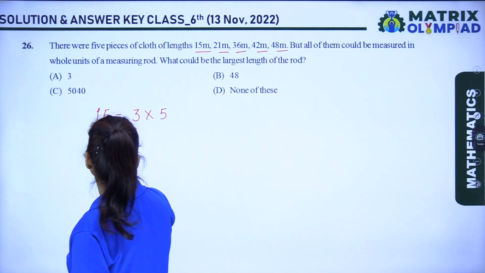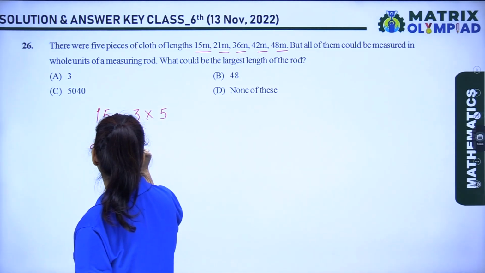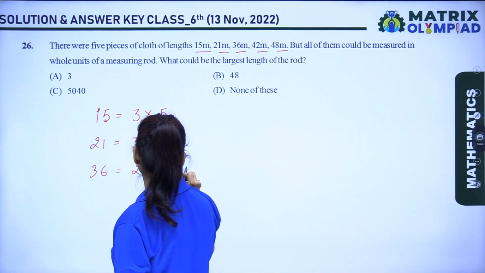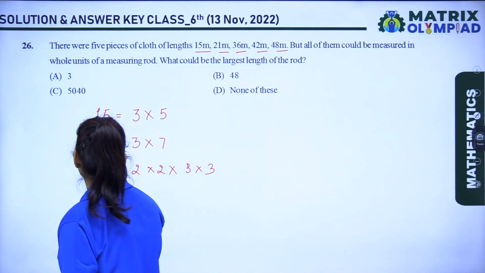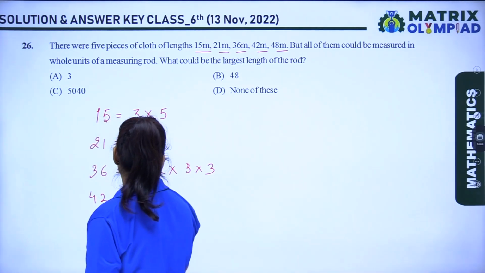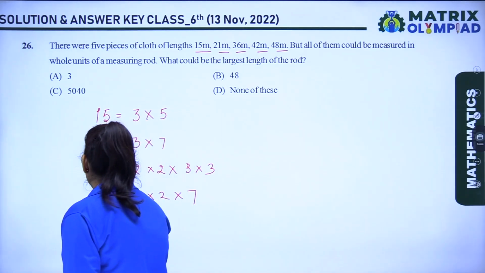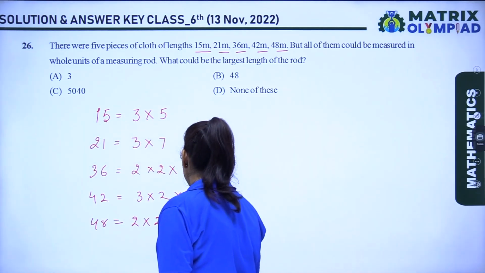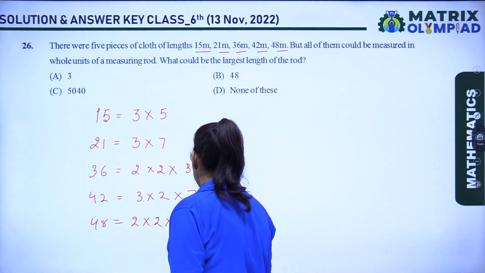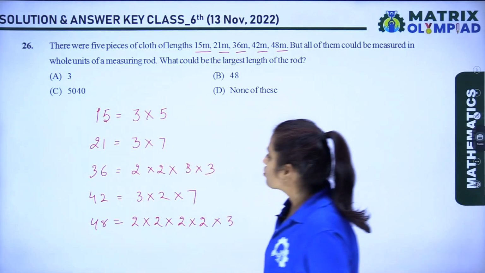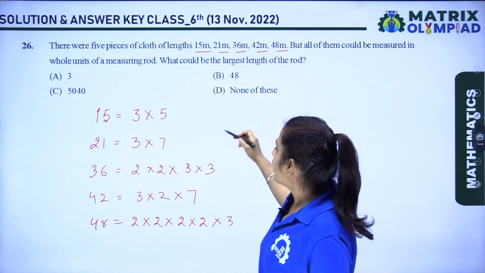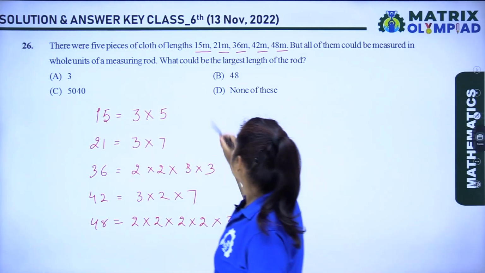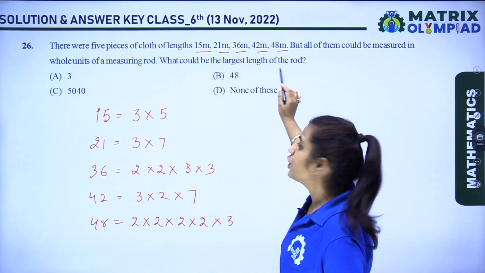For 21 we have... So these are the numbers, and now we have to find out the HCF of 15, 21, 36, 42 and 48.